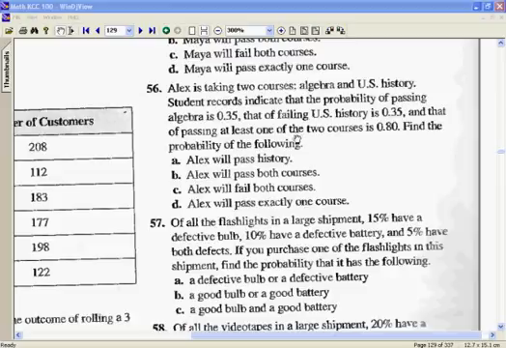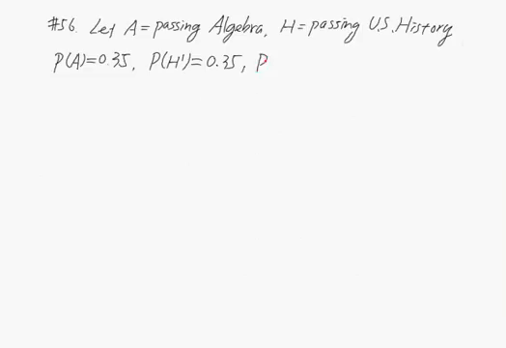Passing at least one of the 2 courses is the union of A and H, right? So the probability of A union H is equal to 0.8.